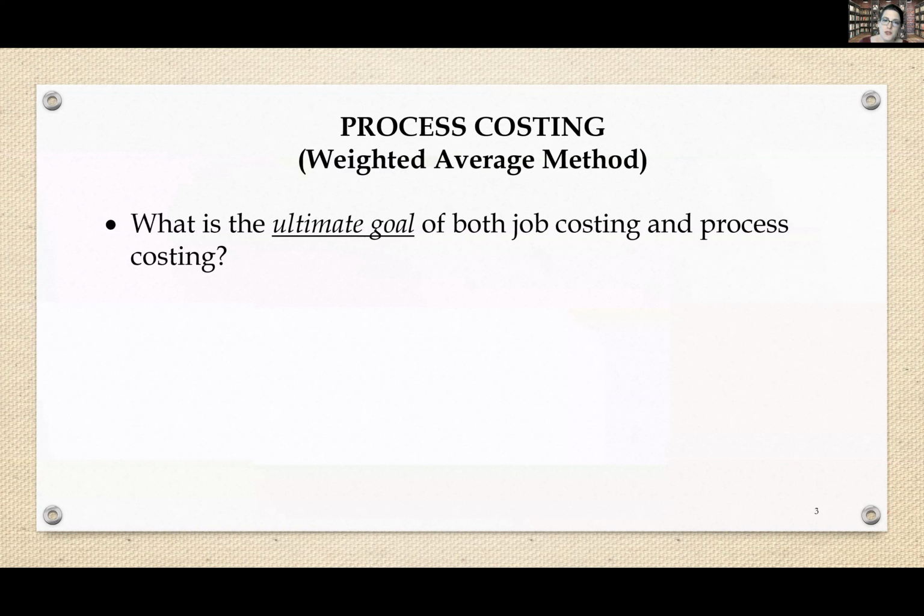What is the ultimate goal? The ultimate goal of both job costing and process costing is pretty much the same, and that's to provide unit cost information.